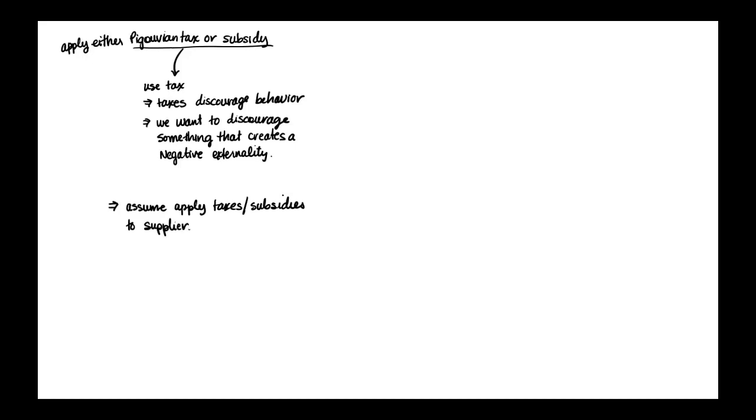Now, I could subsidize or tax the demanders, but let's say that we're basically going to apply taxes and subsidies on the suppliers. We're going to collect taxes from the supplier in this case. Apply, we're going to apply taxes or subsidies to the supplier. They're the ones we're going to collect from, okay? So we're going to collect the money from the supplier.